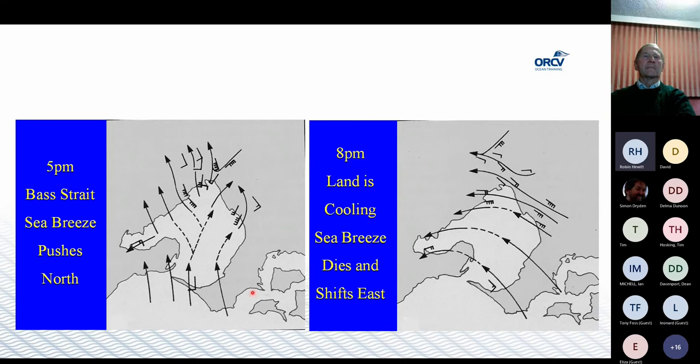And then, as the day keeps warming, the sea breeze, as the sun goes down a bit and the temperature difference gives away a bit, the sea breeze dies around about 4 o'clock in the afternoon. By 5 o'clock, it's noticeably different direction. And then as the heat goes out, the whole process shifts left.